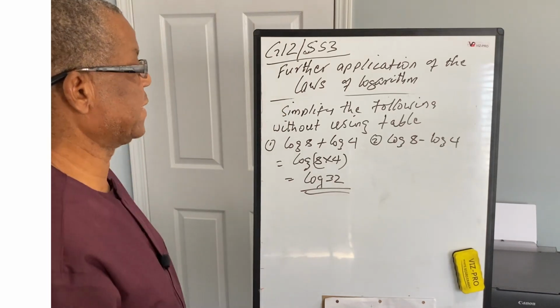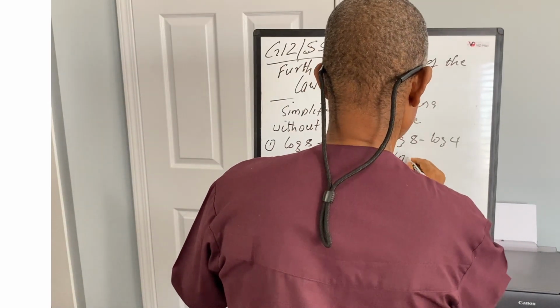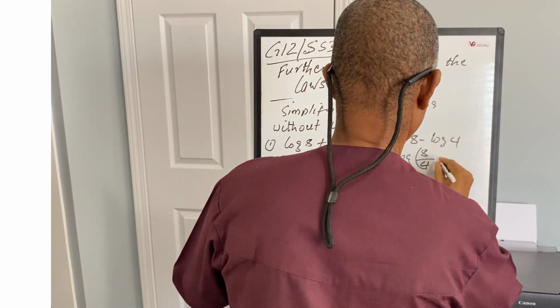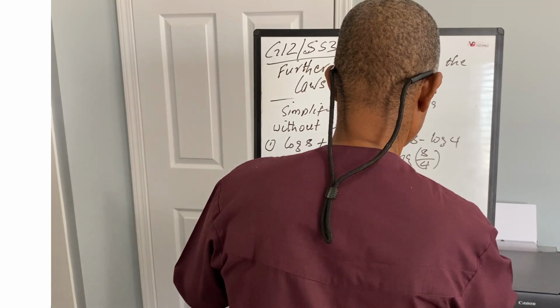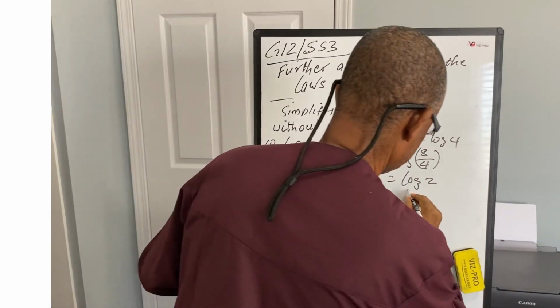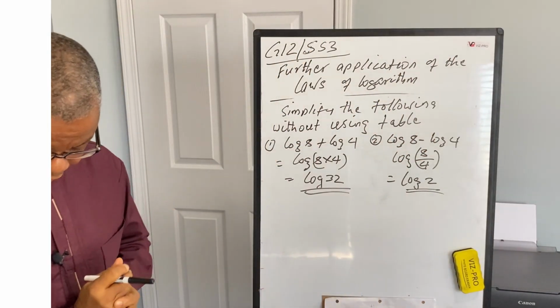We have simplified that. While this is log 8 over 4. That will give us log 2. We have simplified without using table.